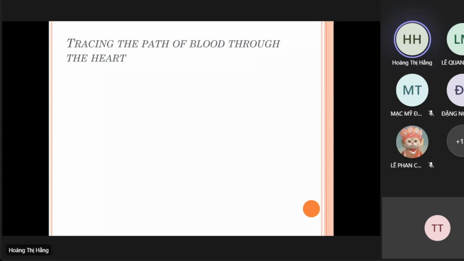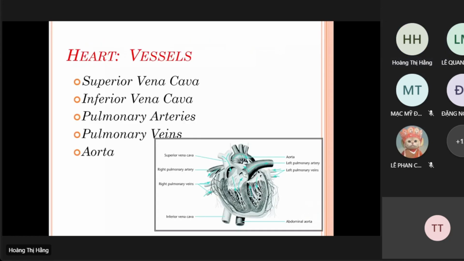That is tracing the path of blood through the heart. To understand this part easily, make sure that you remember parts inside and outside the heart. I mean the things in the heart and the vessels, the valves connecting the heart with other parts of the body, like superior and inferior vena cava.